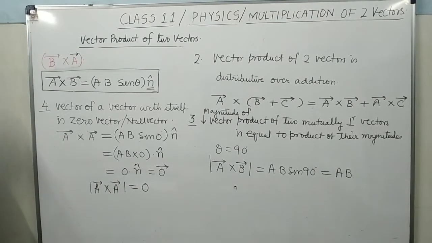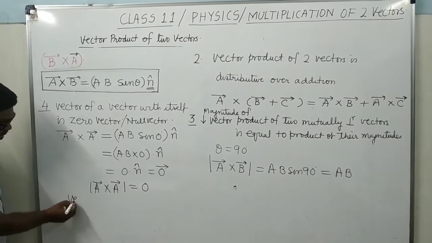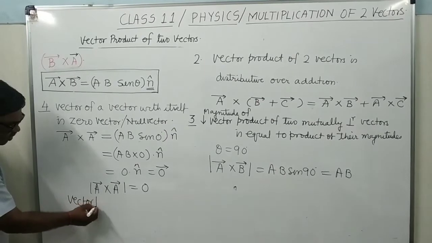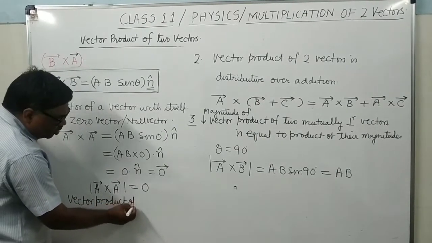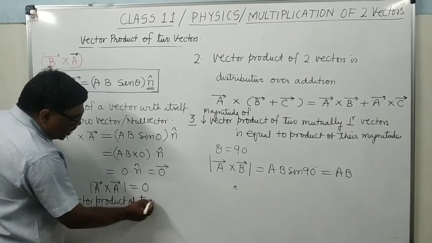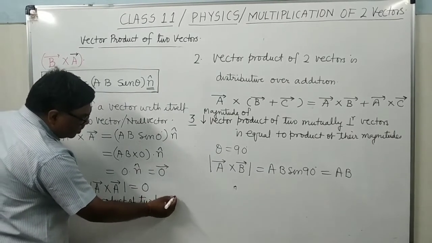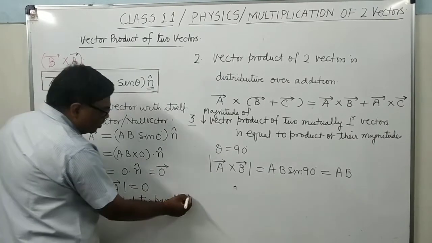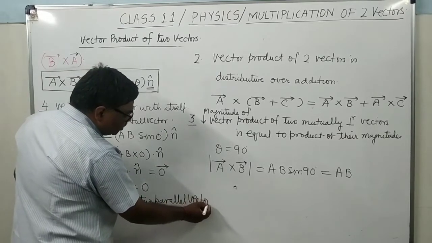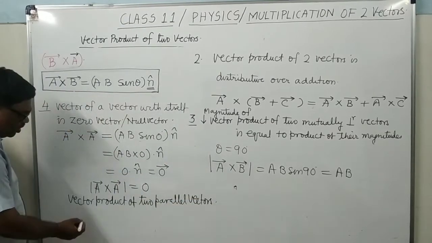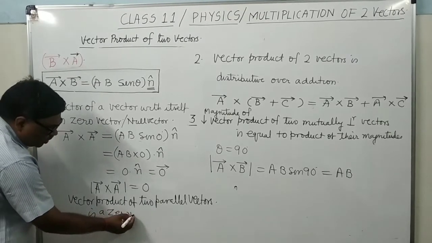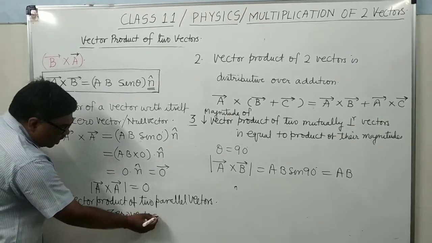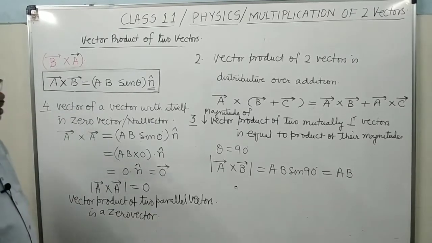Now there is one more property which can be related to this. The vector product of two parallel vectors is a 0 vector, a null vector. Why will it be a null vector?